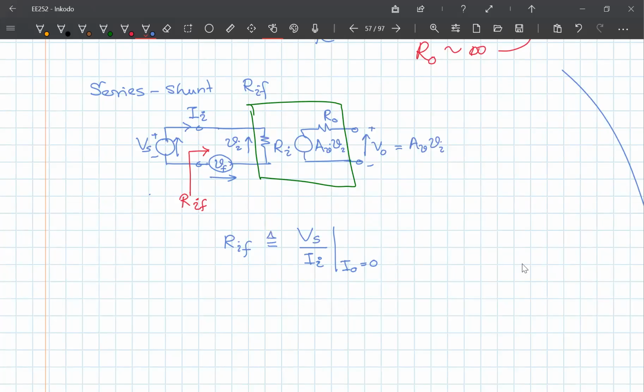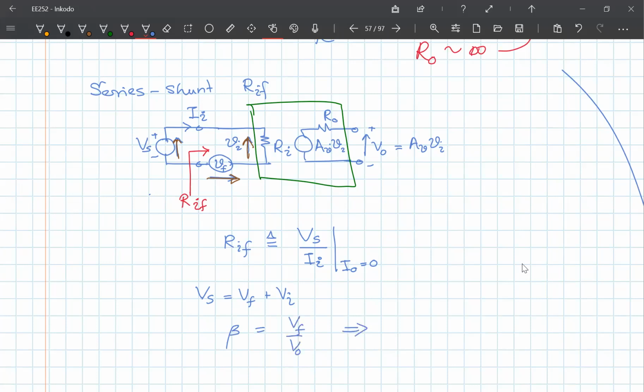Vs we can say is equal to Vf plus Vi. So this voltage plus this voltage is equal to that voltage. And we know the feedback factor beta is defined as Vf over V out.